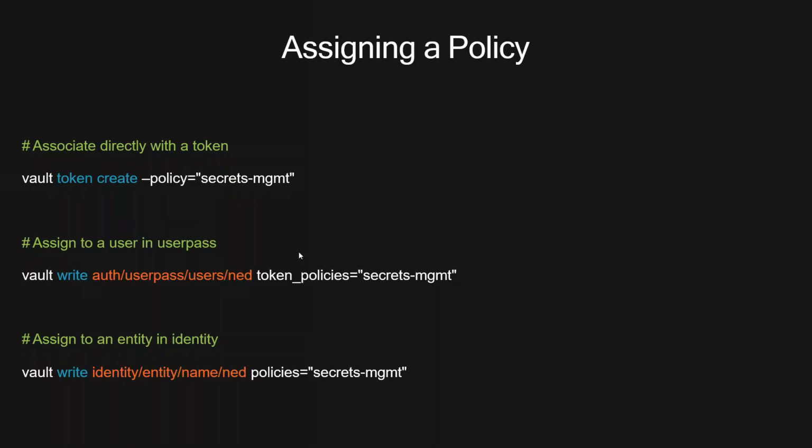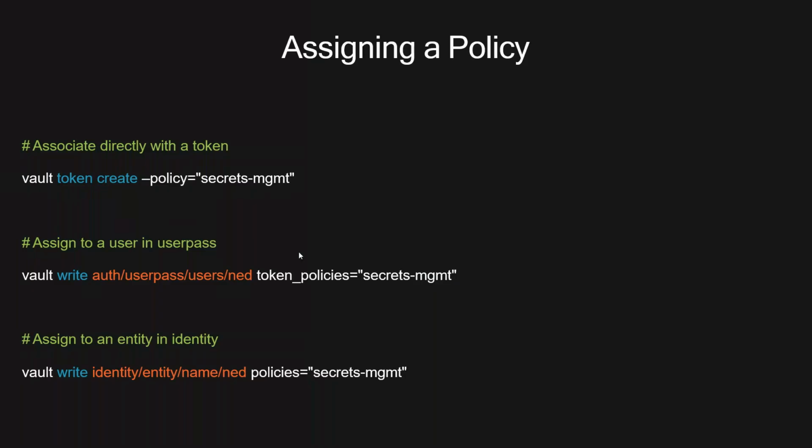Now, after creating policies, you want to assign them to someone, right? To assign, you see here you are assigning these policies with a token. So here what you are saying is that those people who log in with the token will have this policy attached to it.